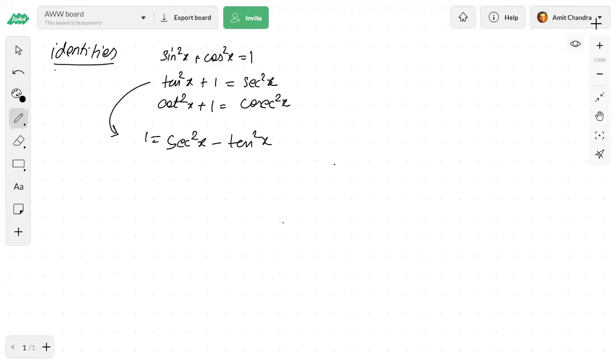Because this is a square minus b square, we can write this also as sec x minus tan x into sec x plus tan x. We can write this into its two factors.